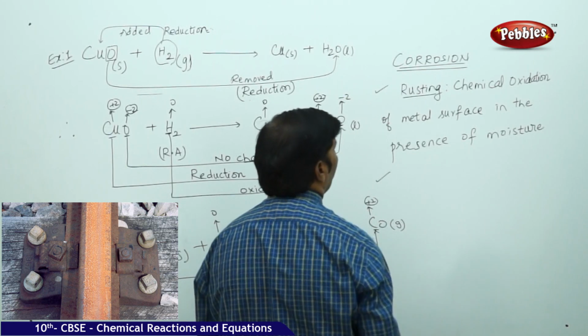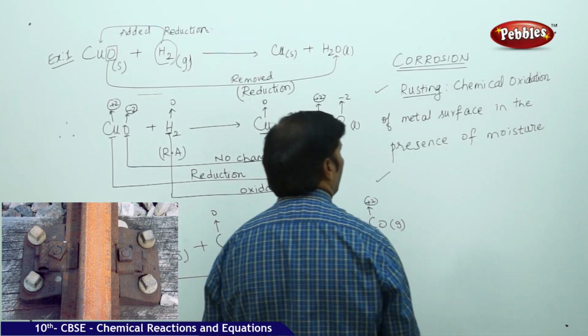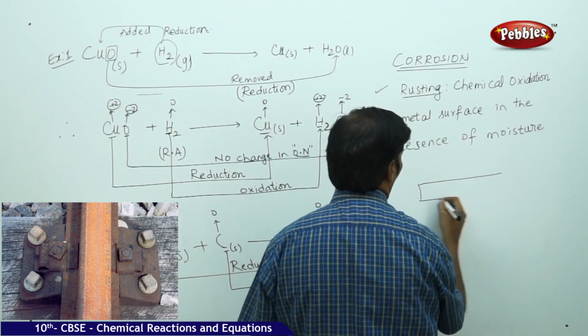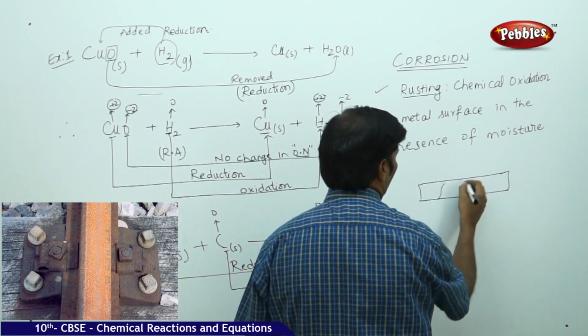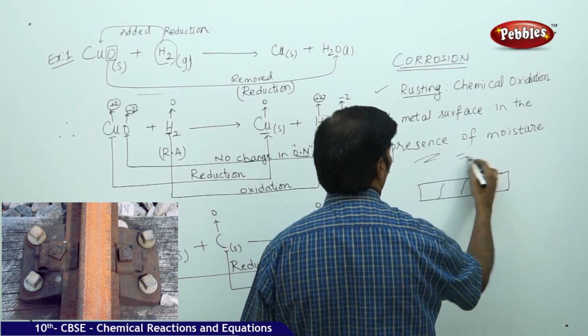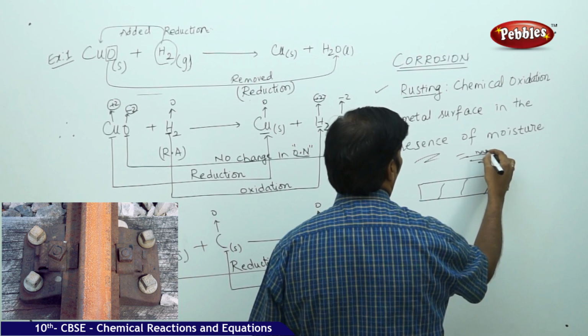So in other words, if you take a piece of iron rod, say this is a piece of iron rod which is uniform in its surface, and this is the moisture.